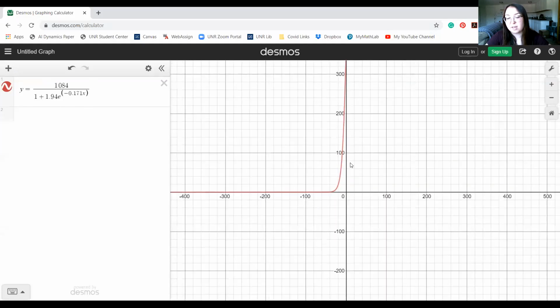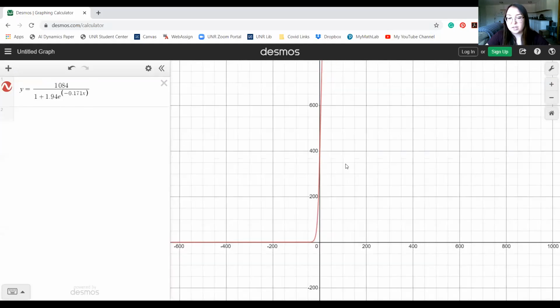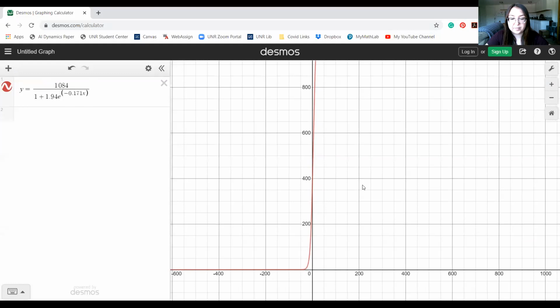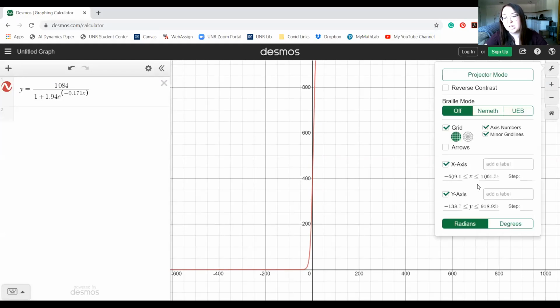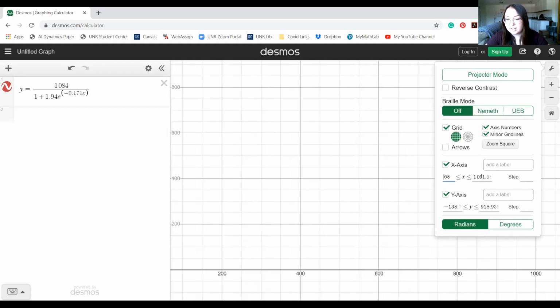It looks like it's going to be a very large graph, so we can zoom out a little bit here. If we're assuming it stays accurate, we want to graph it from 2010 to 2020. So we can use our graph settings to change our x-axis, because we really only care about 10 to 20.